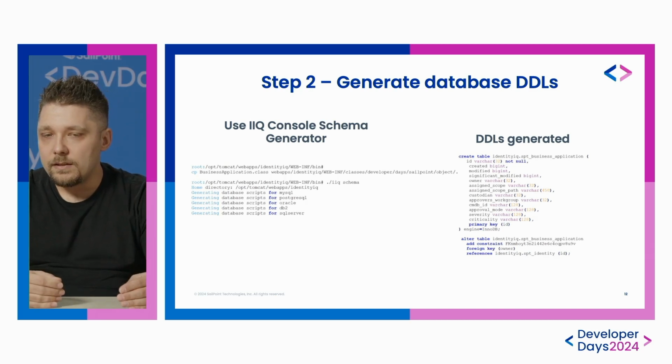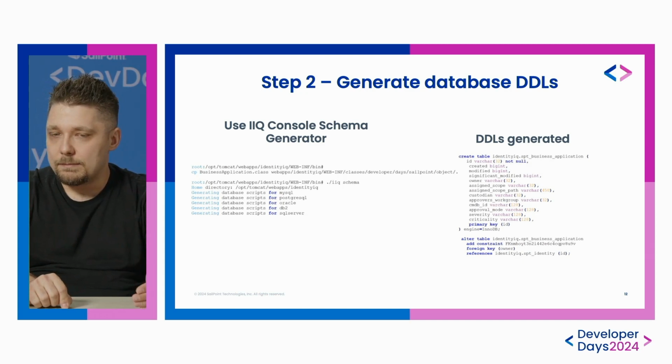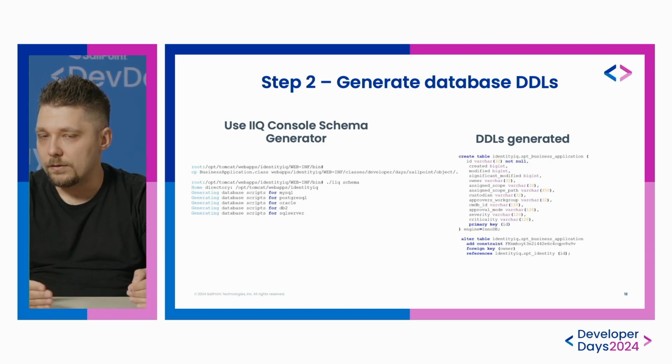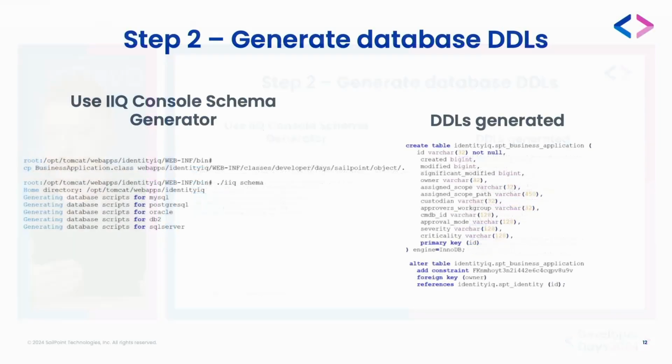What you can see here, it's not only SPT_business_application, right? You can see it follows the SailPoint naming convention, because all SailPoint tables have names starting with SPT_. You can see we have some additional attributes like owner, like created, like modified. We didn't define them, right?